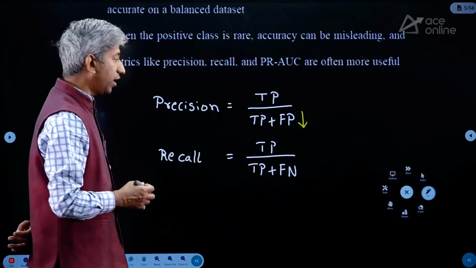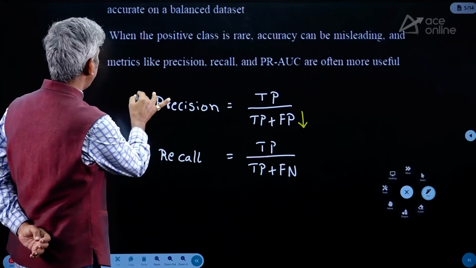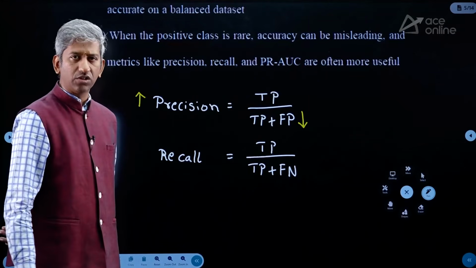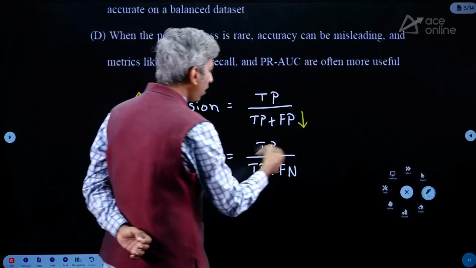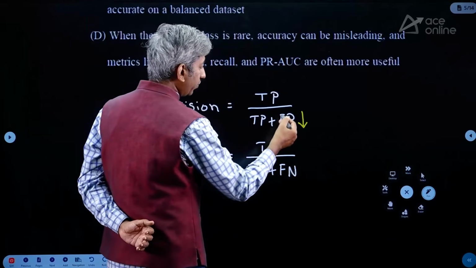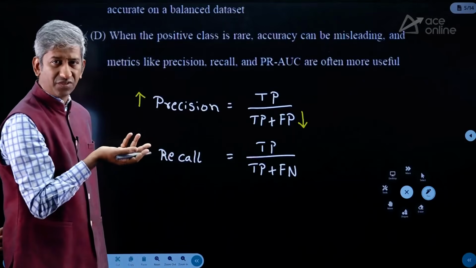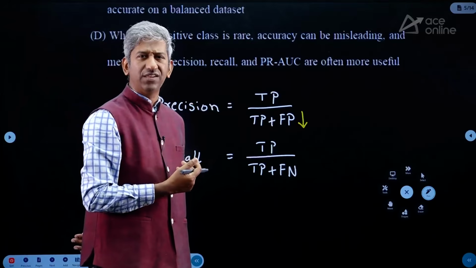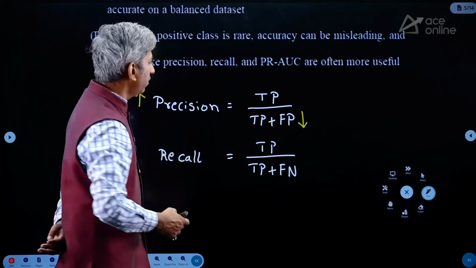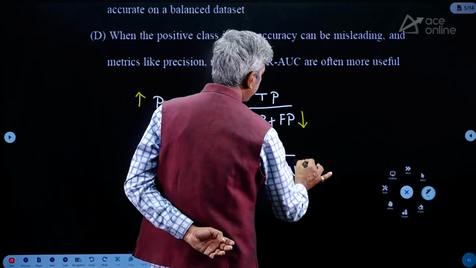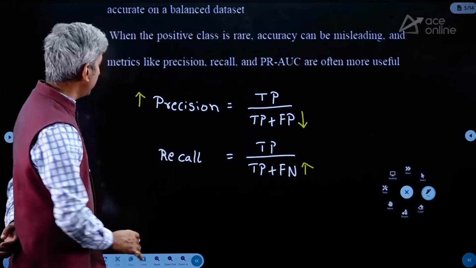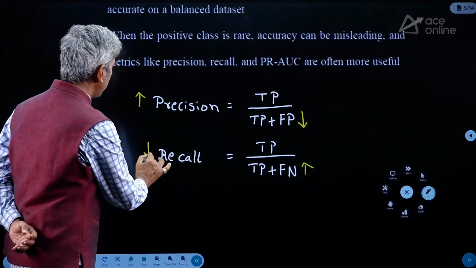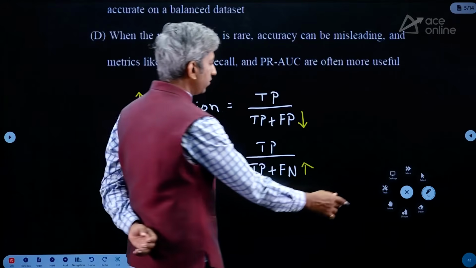False positives will also decrease and the precision increases because of that. And in recall, if false positives decrease, false negatives will increase because the total negatives are increasing in this scenario, such that the false negatives obviously increase, and as a consequence recall decreases.